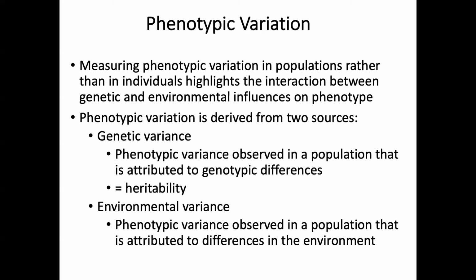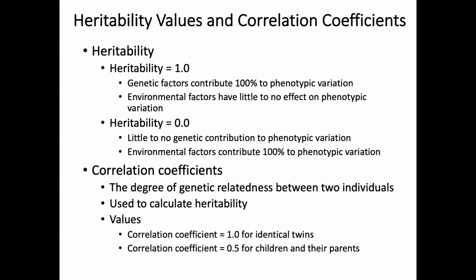The phenotypic variation is contributed by genetic variants and environmental variants. Then, how should we measure this? We can use two values to determine the influence of genetic and environmental factors on traits. The first is heritability.